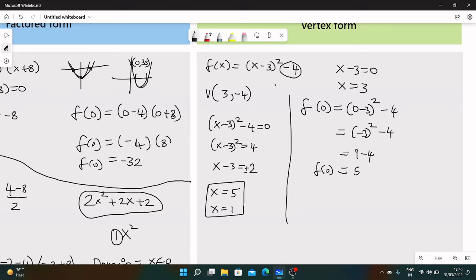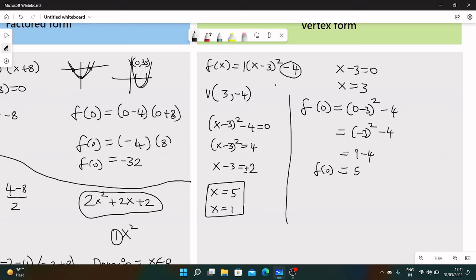So we have the vertex, x-intercepts, y-intercept. Now what do we have left? Concave up, concave down, domain, range. Is this concave up or concave down? Even in this form, it's really easy. Normally in the vertex form, we have a value outside the bracket. Here the question hasn't given us any value because it doesn't make a difference, but that is a one.